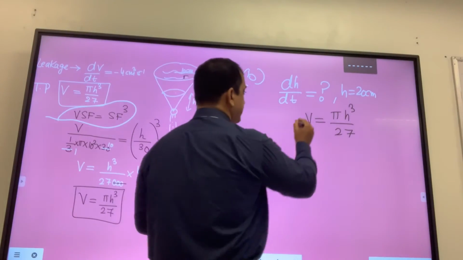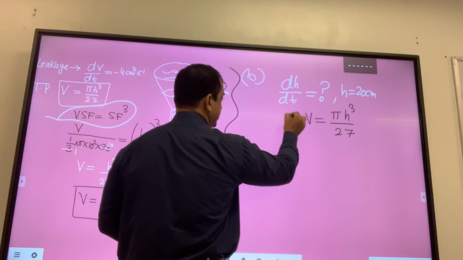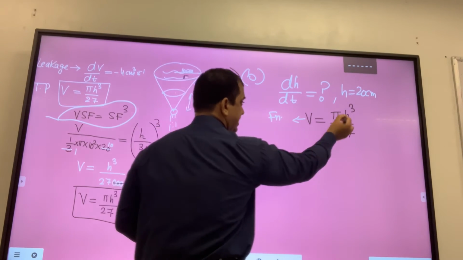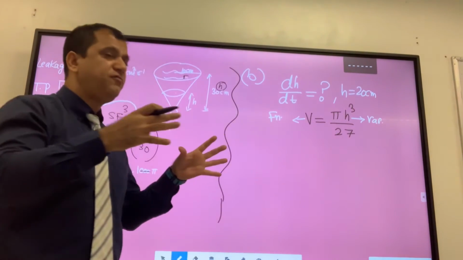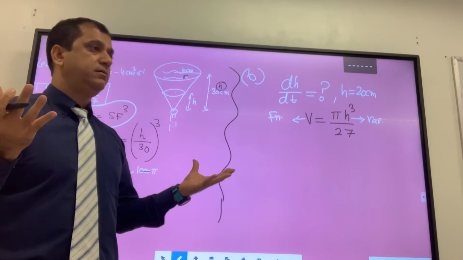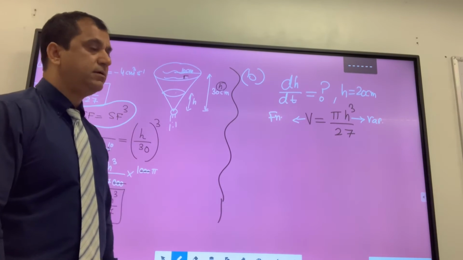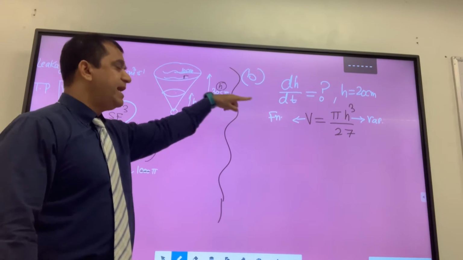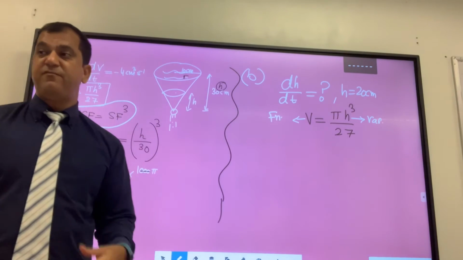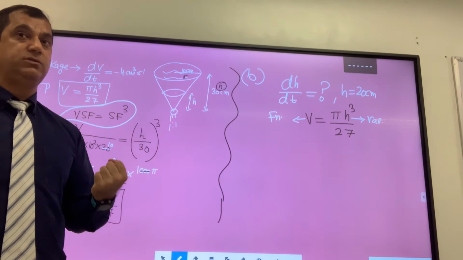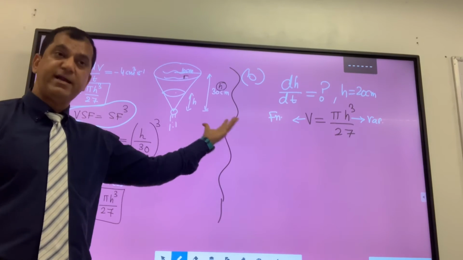Okay, in simple words, if I assume v as a function and h as a variable, from this equation, if I ask you to find derivative, what will you find? dv. Simple, right? From this equation, taking v as dependent variable or function and h as variable, we can find derivative of function with respect to variable. So from this equation, we can just find dv dh. Let's find it.